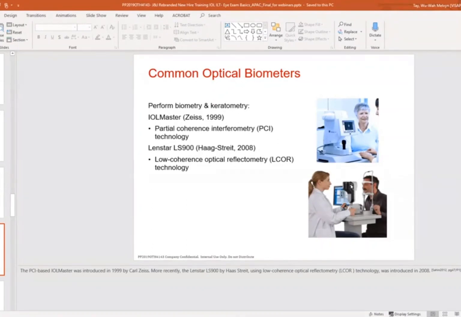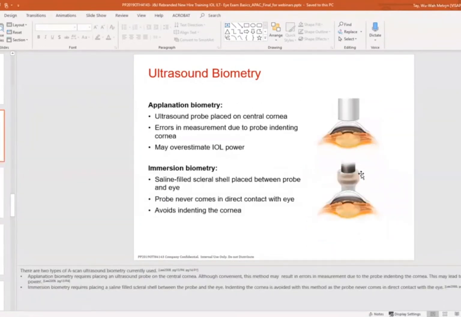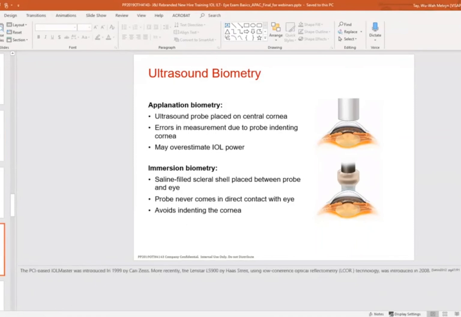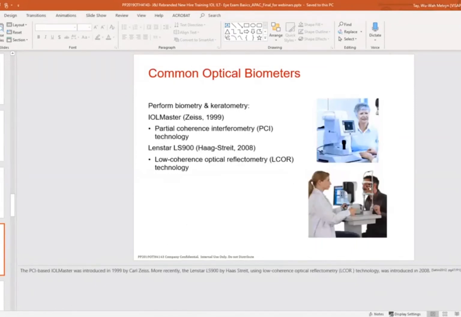Whereas for ultrasound biometry, you don't have a fixation point for the patient. You are just applying the instrument onto the patient's cornea, and you cannot be certain that the patient is looking directly at the instrument. It may not be as accurate as this one that requires the patient to fixate into the instrument.